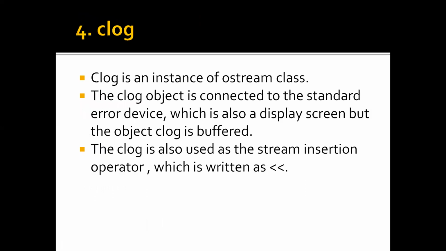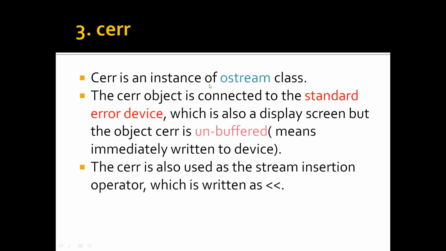Next we'll see the clog. clog is an instance of the ostream class. Ostream is nothing but output device. The clog object is connected to the standard error device, which is also the display screen, but the clog object is buffered. Before, cerr was unbuffered, that means immediately written to a device.